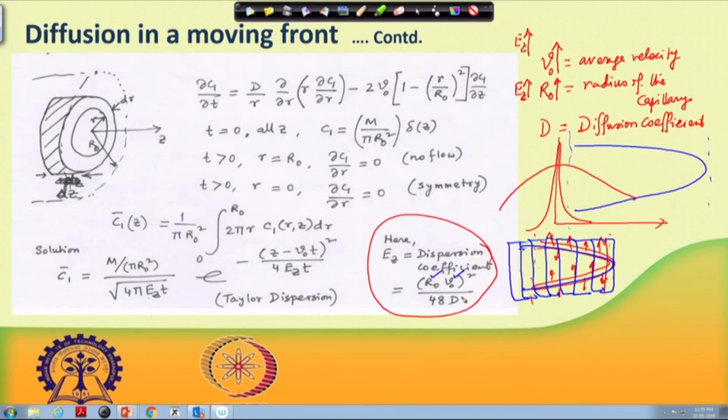So D increases means Ez decreases, and Ez decreases means C1 bar decreases, because Ez has the same effect as the diffusion coefficient. This is something one must make note of while working with this scheme of things.